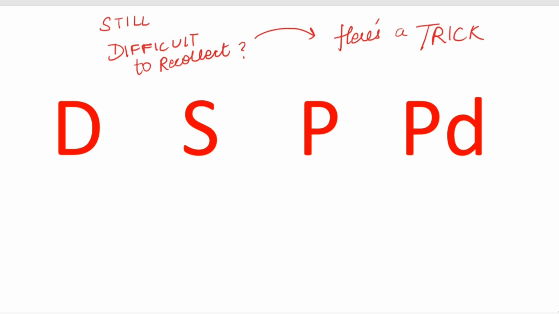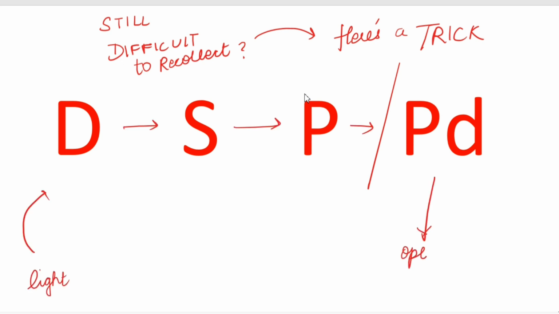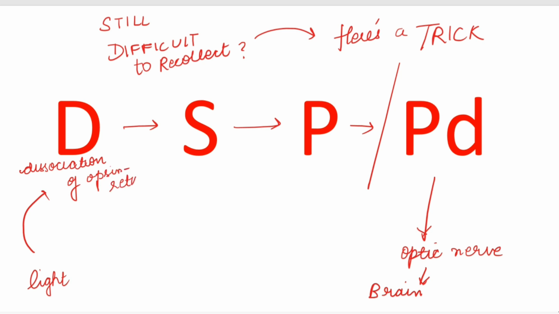So D for dissociation, S for structural changes in opsin, P for permeability changes, and PD for potential difference, generation of potential difference. And the first part is clear, right? The light coming and reaching image formation in the retina is quite obvious. So the only confusion will be there in the middle part, which now you can remember through this trick, DSP PD.